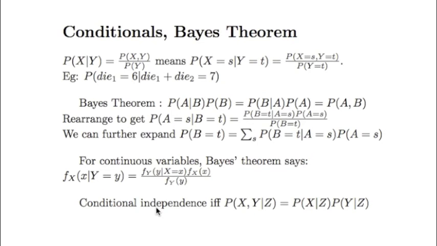The last part that we'll talk about is conditional distributions and Bayes' theorem. Now, the conditional distribution is defined in the following way. P of x given y is defined to be P of x comma y divided by P of y. And what that really means is that the probability that x takes the value s given that y takes the value t is equal to the probability that x takes the value s and y takes the value t divided by the probability that y takes the value t.